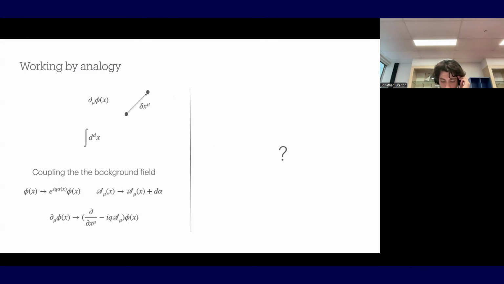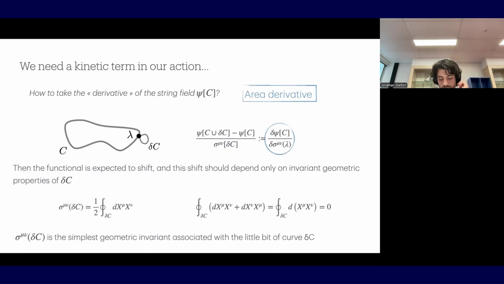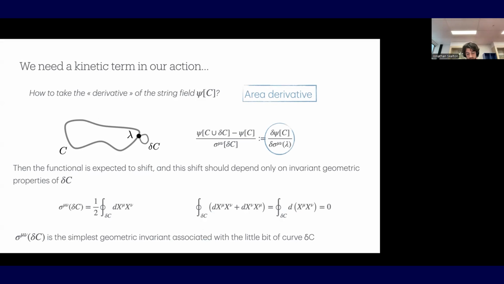In the old days of string field theory, wasn't there this claim that somehow open strings were easier to treat than closed strings? I'm not very familiar with it, but I think I remember such a claim that somehow open strings were easier to describe in a field theory framework. Well, I don't know where that would make a difference.